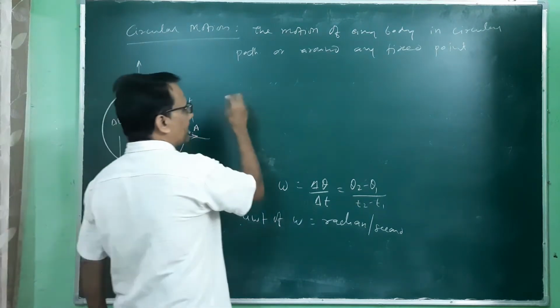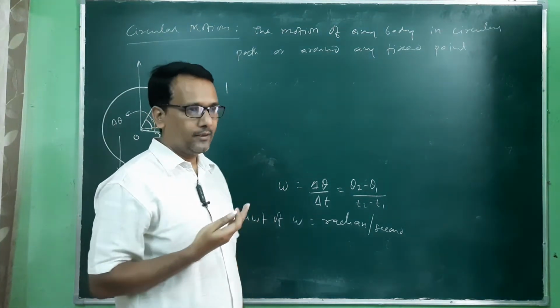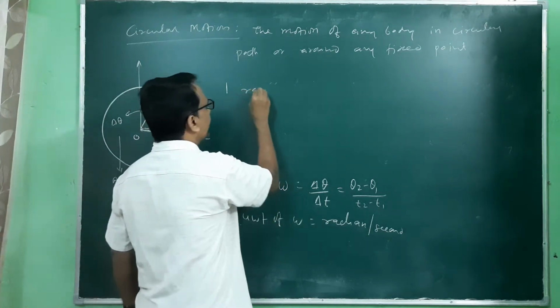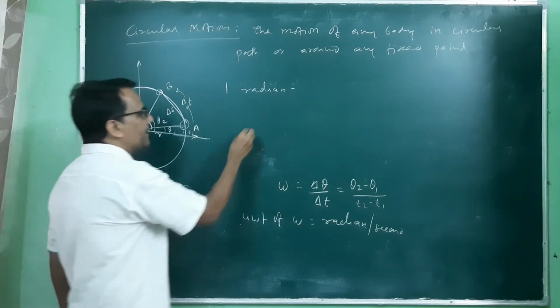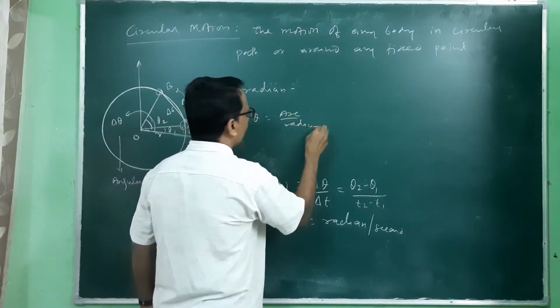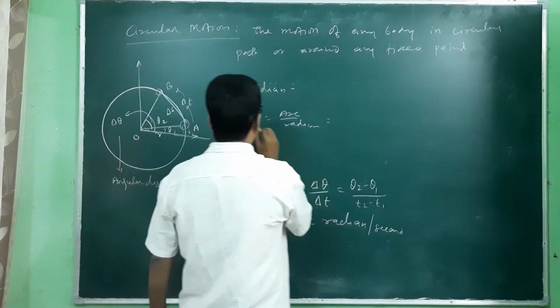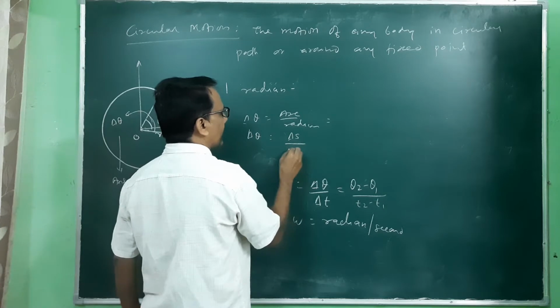So this theta, generally, let us see what 1 radian actually is, how it is defined. So 1 radian. What about this theta? Theta is equal to arc upon radius. And here, let's say this is delta theta. So delta theta is equal to delta s upon r.